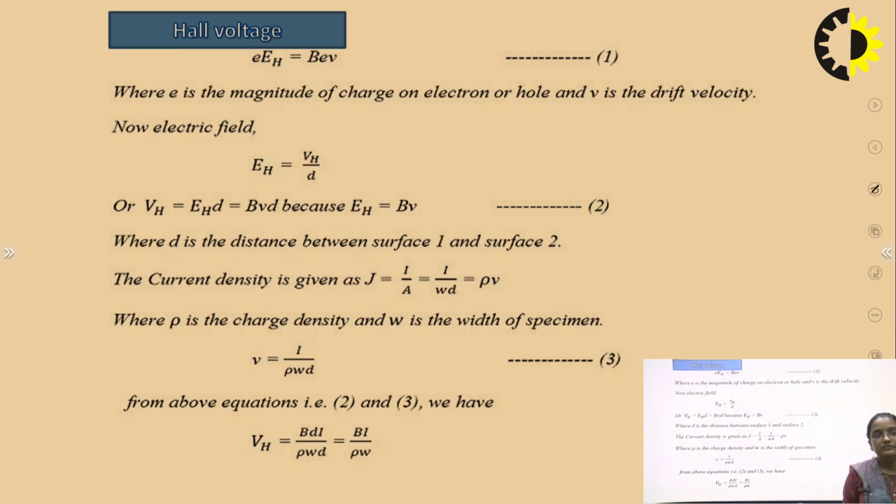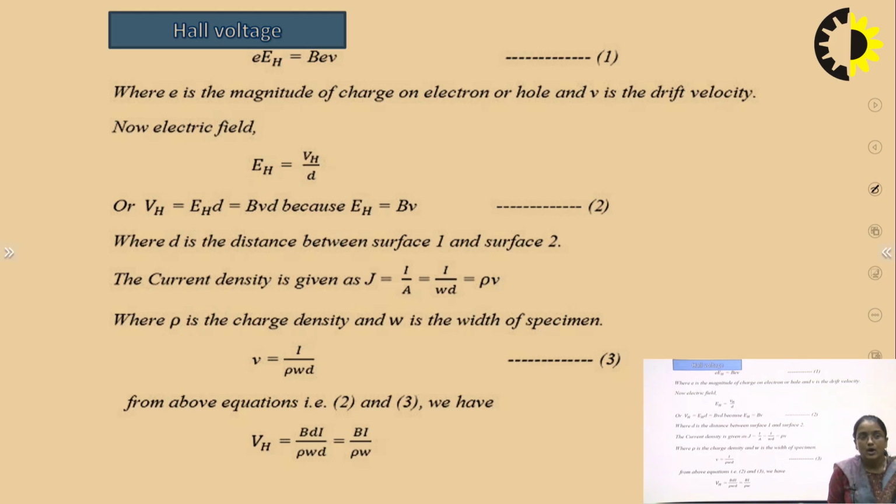Next, on moving further, we obtain the current density. Simply, the current density is defined as the ratio of I by A, that is the current flowing per unit area. So we have defined the current density, and finally putting the values of equations 1, 2 and 3 in equation 2, we get the value of VH, that is signifying your Hall voltage.